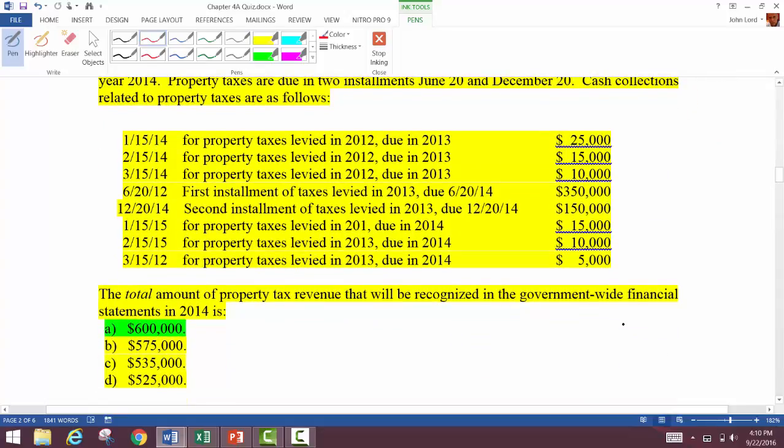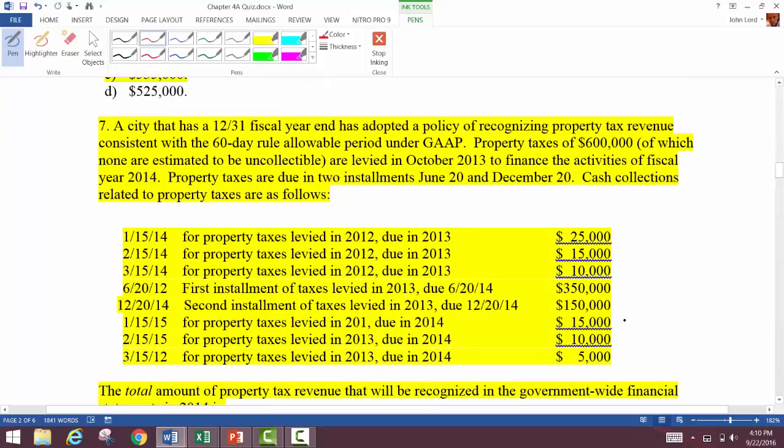Yeah, same facts, right? Same facts, but now it is going to be the government-wide, so we're going to use what? Full accrual amounts, right? Full accrual statements. And so they did what? They levied property taxes of how much? 600,000. They don't say that anything is uncollectible.